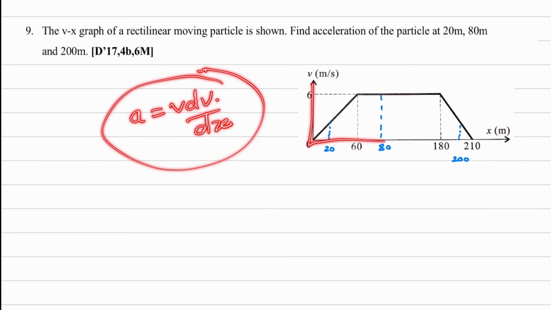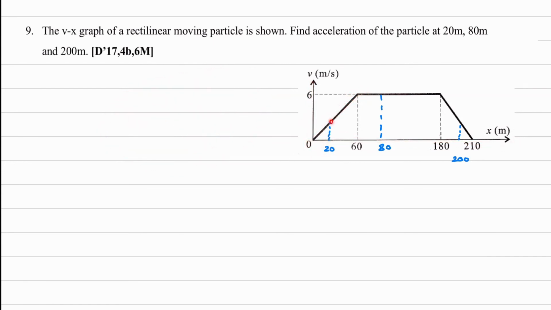It is slope of this Vx diagram. So you have to calculate slope and then multiply by velocity. So if you want acceleration at 20 meter, you have to calculate the velocity using similar triangle at this point. That velocity multiplied by slope of this will give you acceleration at that point. So each and every point you have to do the same activity.